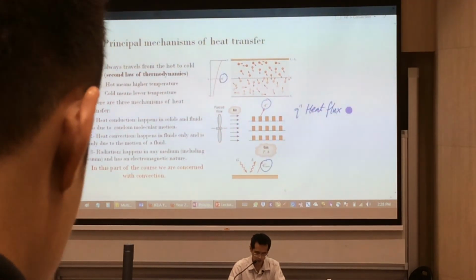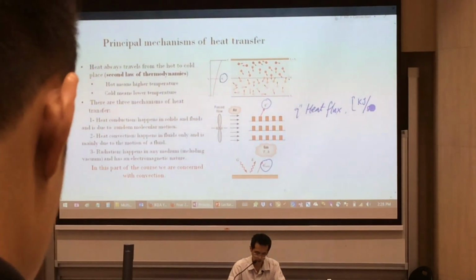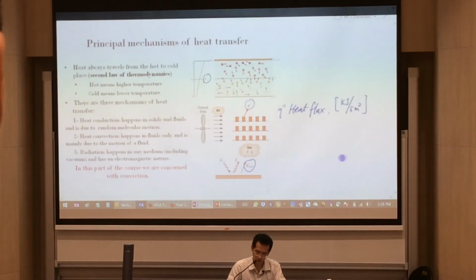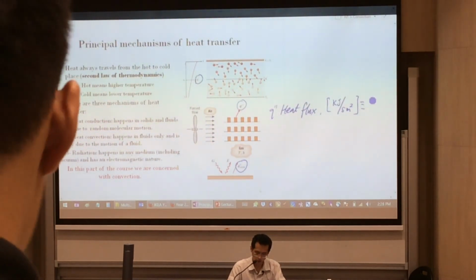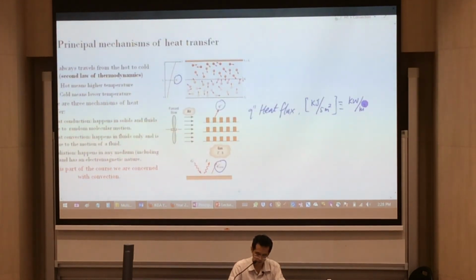And heat flux would have the units as kilojoules per second per meter squared. That's the units for that. This is actually equivalent to kilowatts per meter squared. That's a heat flux. Whenever you see flux, flux relates to the surface area. That's what is per, as well as per surface area.